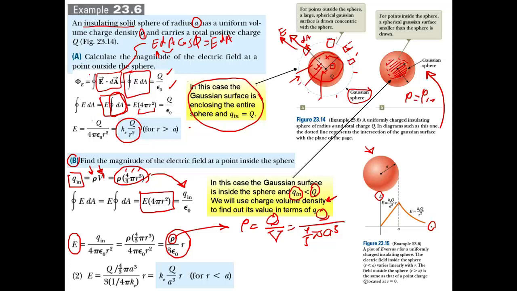So it's going to curve a little bit like this, right? Because this is the equation that needs to be used for outside. But for inside, it's a constant multiplied by r. So this is similar to y equals slope multiplied by x. Our y is the electric field, our x is r, and our slope is just this constant.